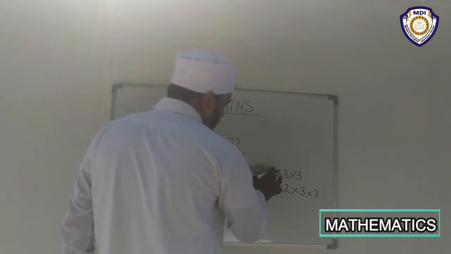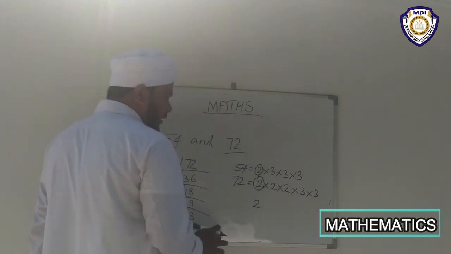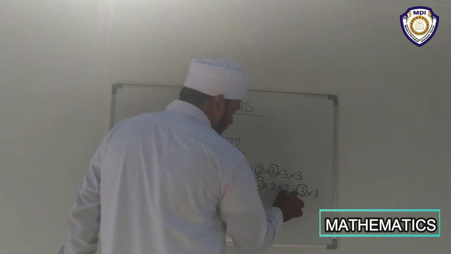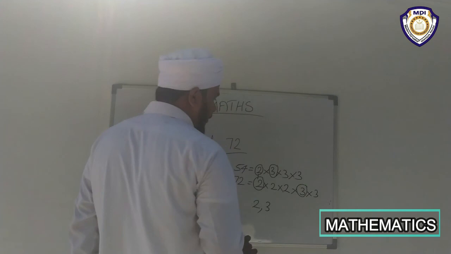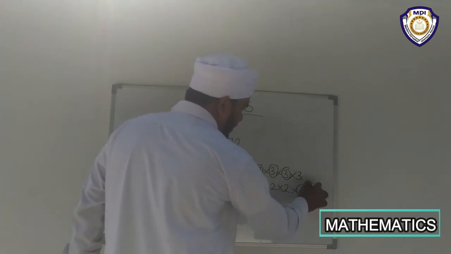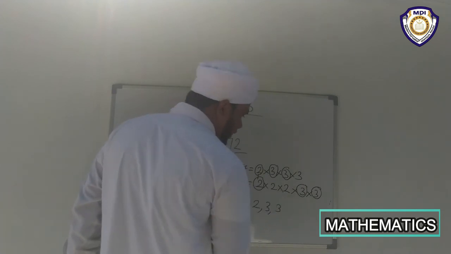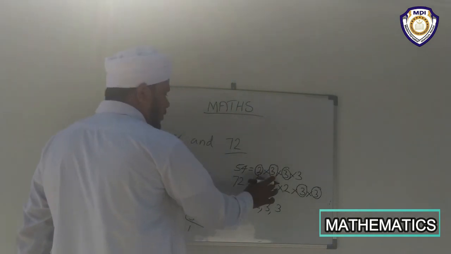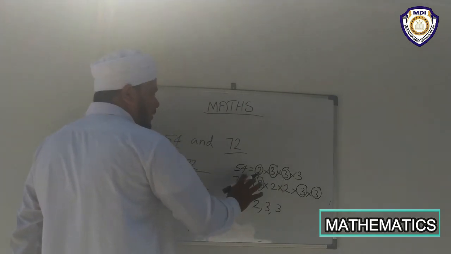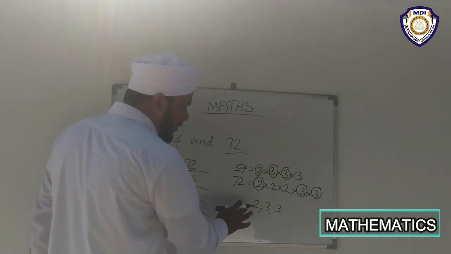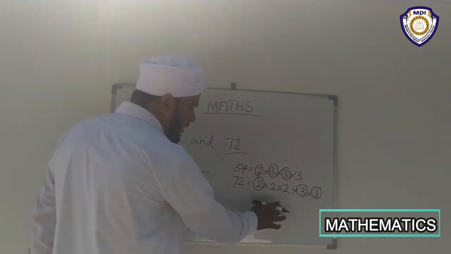Then 3, here a 3 and here a 3, so 3 is a common factor. Then another 3, here 3 and here also a 3. Then here the other double 2 are not common factors. Common factors are only 2, 3, 3.